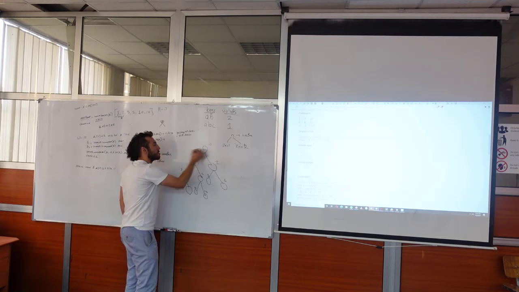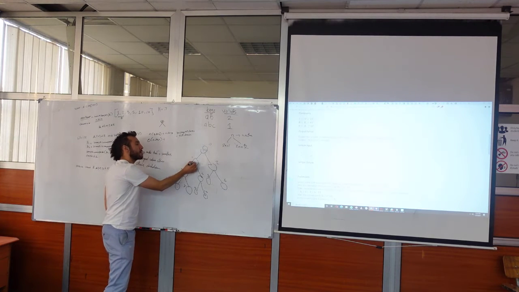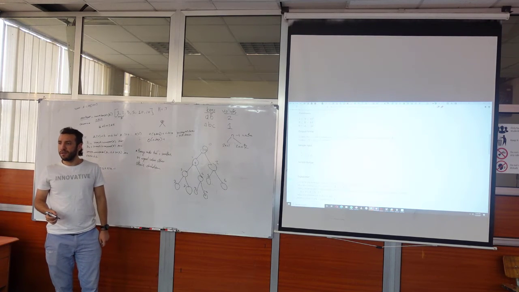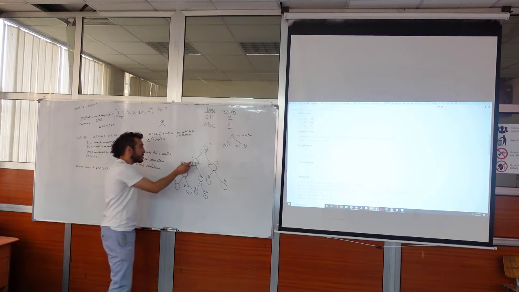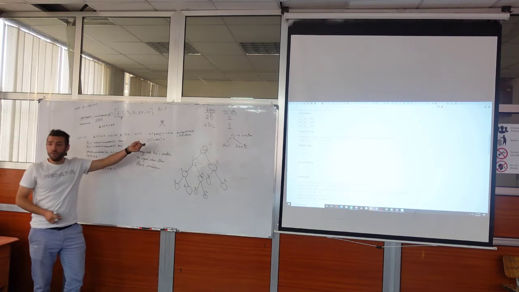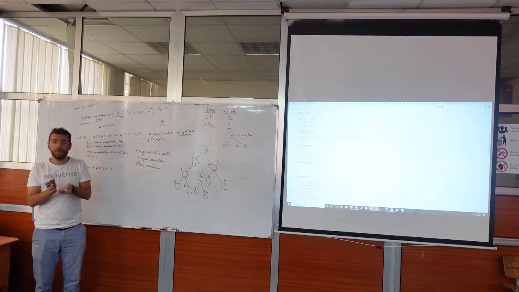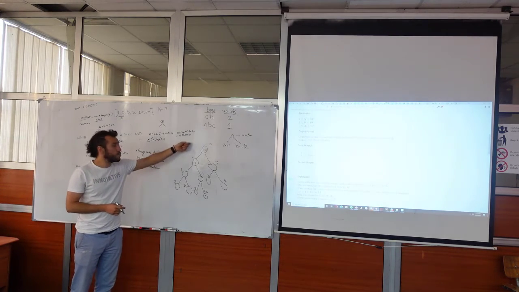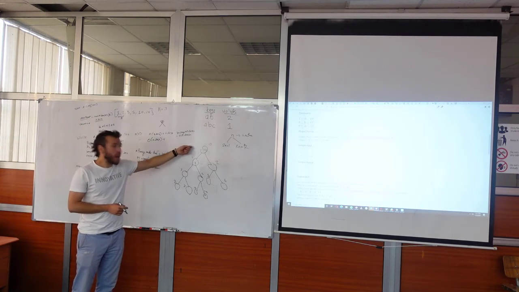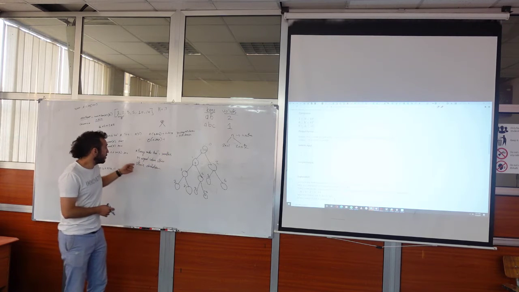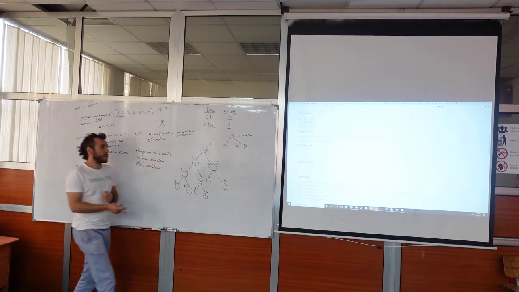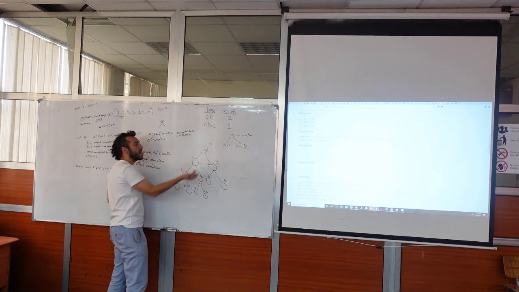If this is 10 here, can I have 9 here? No. The reason is, every node has to have a smaller or equal value than their children. And 9 is smaller than 10, but 9 is a child of 10. So that's why we are breaking our rule here.